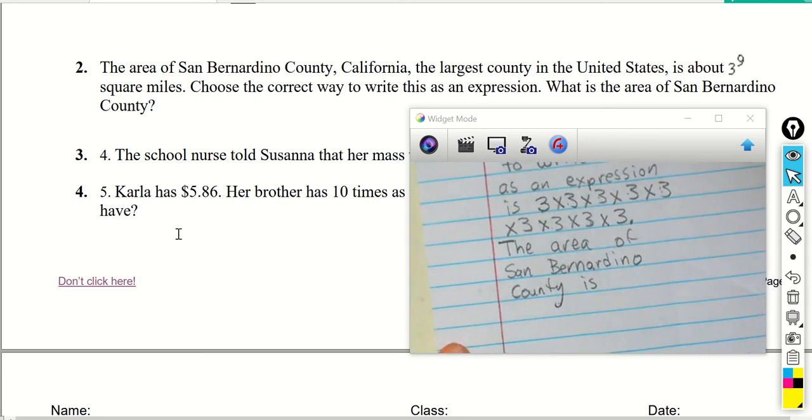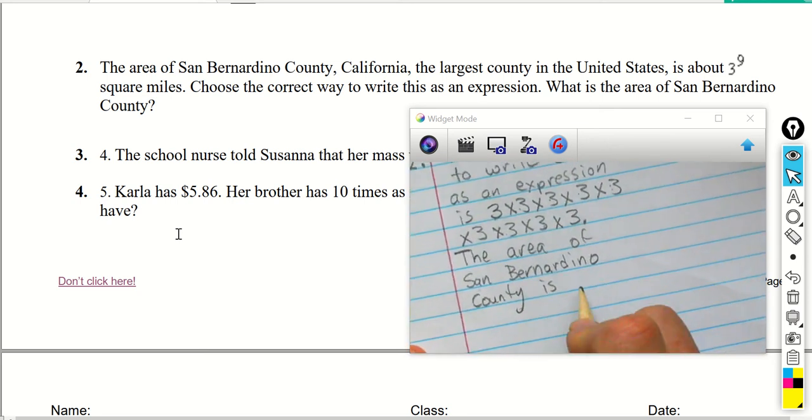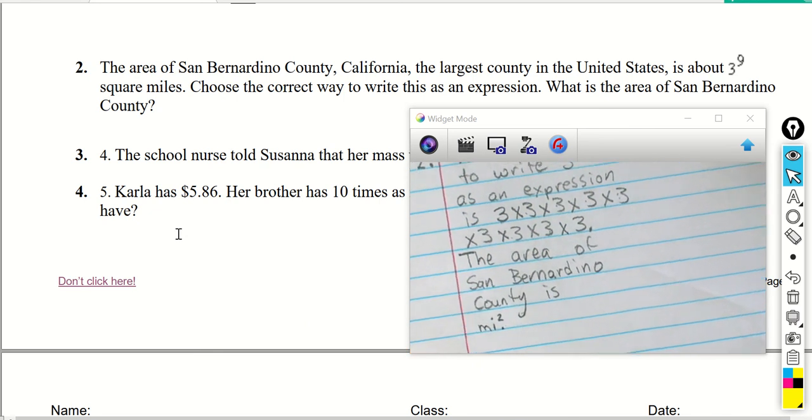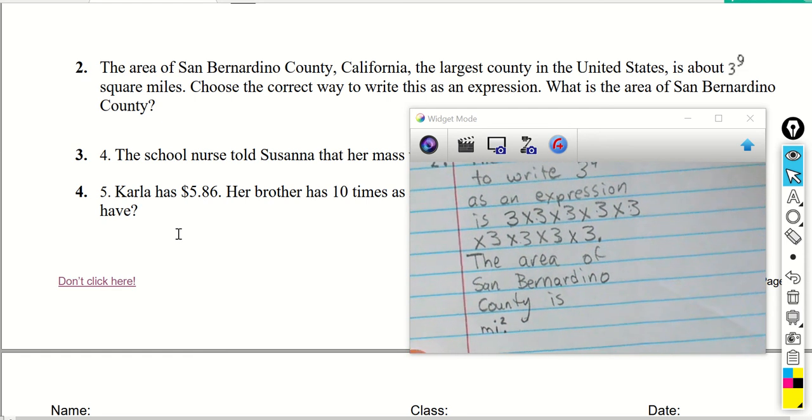I might have a big number, so I'm going to leave this area blank, and I'm going to put mi for miles and a little 2 exponent to show square miles, and a period at the end. All right, time to do some multiplying with 3's.